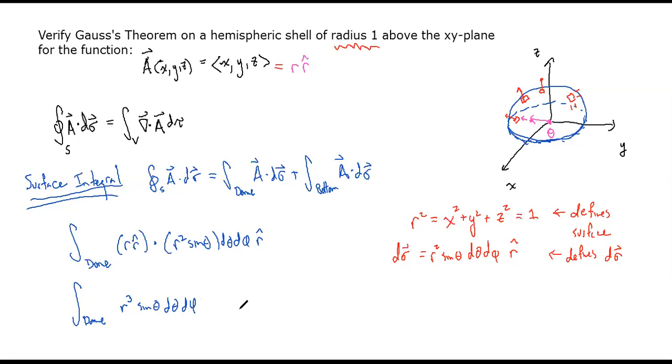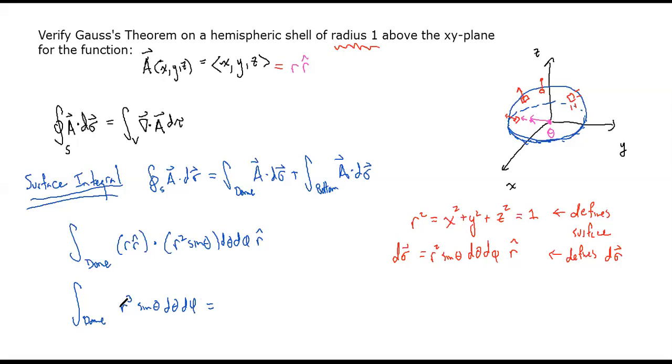Okay, what can I do with all three of those r's? Take them out of the integral. Yes, because they're constant, right? So I'm on this hemispherical dome. In fact, I can take them out of the integral, but I can also replace them with a numerical value.